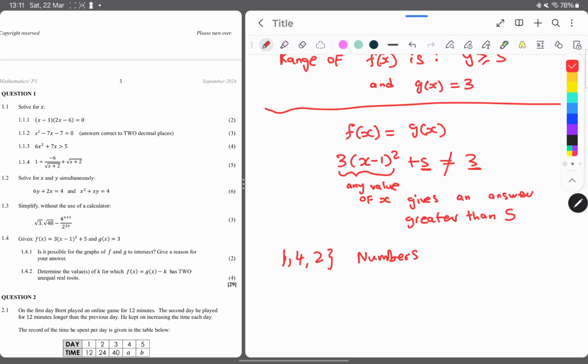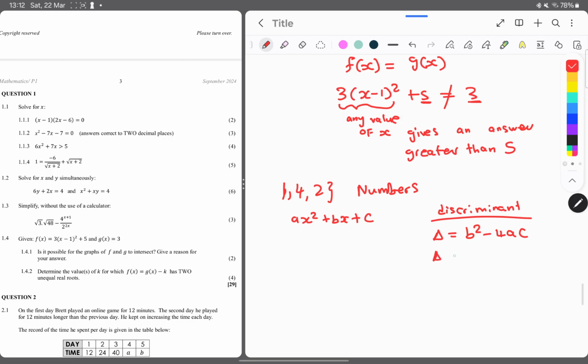In numbers, we learned that a quadratic expression ax squared plus bx plus c has either real roots or non-real roots, and in the real roots there's a possibility of two unequal roots or two equal roots. What does this mean? We have something called the discriminant, which is given by delta equals b squared minus 4ac.